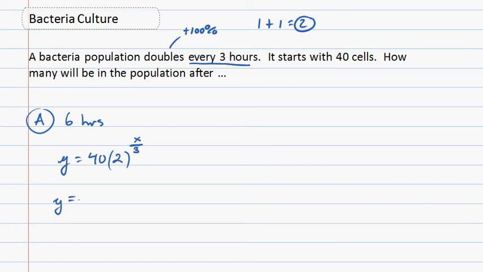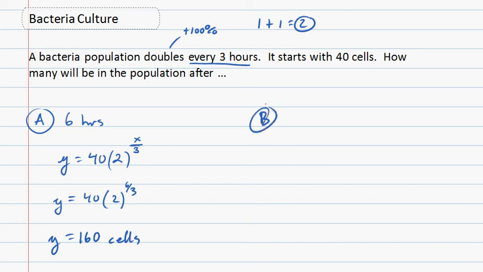And so to figure out this problem, we would do 40 times 2 to the 6 over 3 power. And so if you plug that all in your calculator, 40, 2 to the 6 over 3, which is really just 2, you're going to get 160 cells.